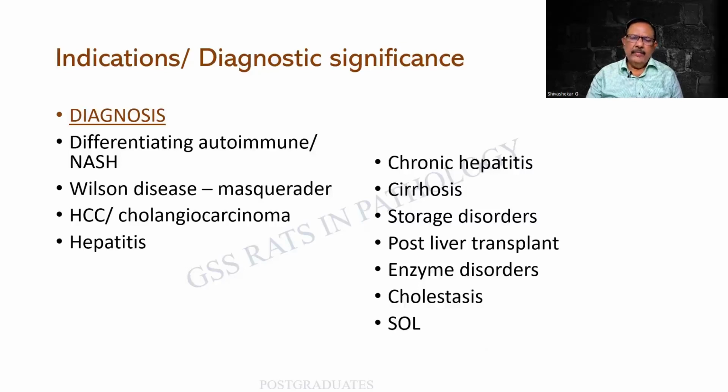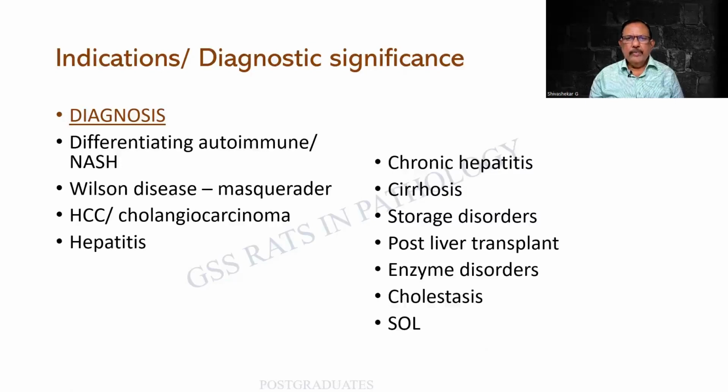On the other hand, we have various processes such as inflammation, a chronic hepatitis. Different etiologies are there. We will not be delving into it now. Cirrhosis, again of varying etiology. Storage disorders. The changes in a post-liver transplant.